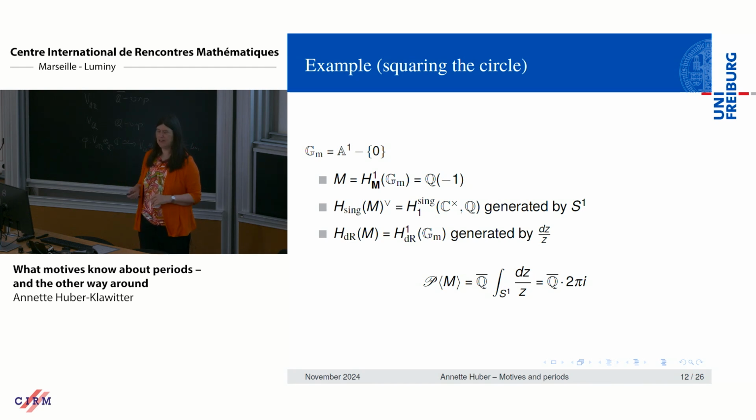That's why it's not obvious. There's a general principle, we'll come to that, that if you have maps of motives, then you also get maps between the period spaces. So you have to establish functoriality for the period isomorphism. Yeah, okay.